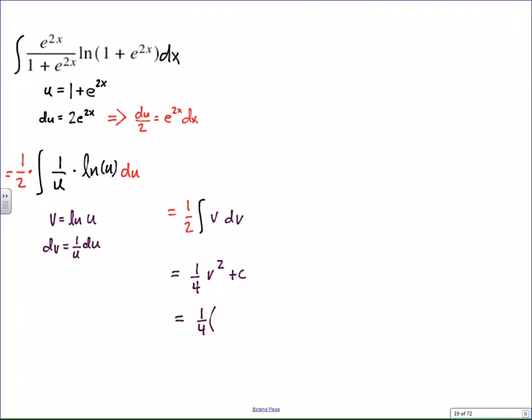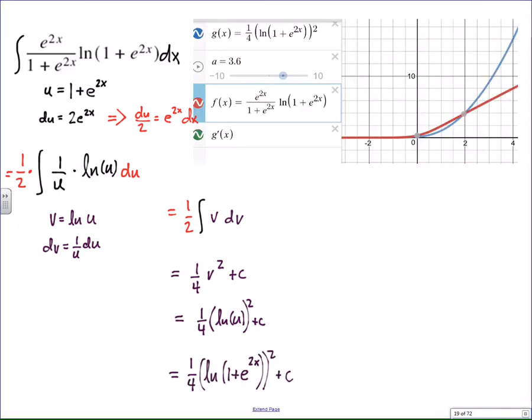We're going to get a half of v squared times the other 1/2, and we put our u back where we found it, and then we put our v back where we found it, so that we eventually get 1/4 natural log of 1 plus e to the 2x, the natural log is squared as well, plus c. I was really nervous about that one, so I definitely did a technology check there, make sure everything's copacetic, and in fact it is, so points for me.